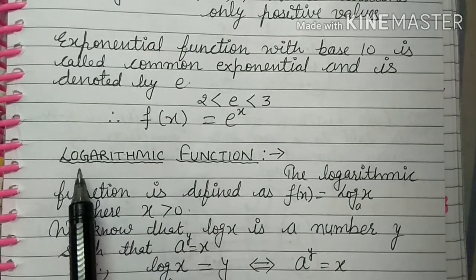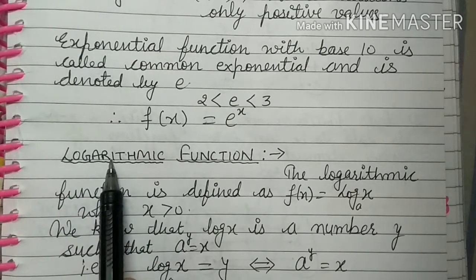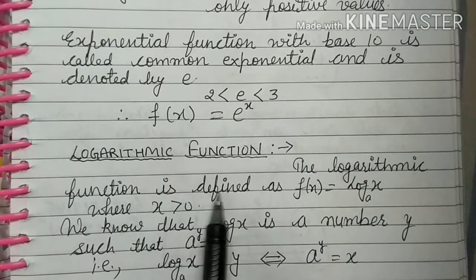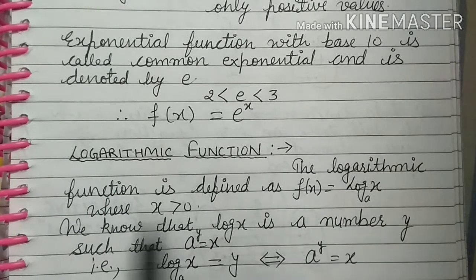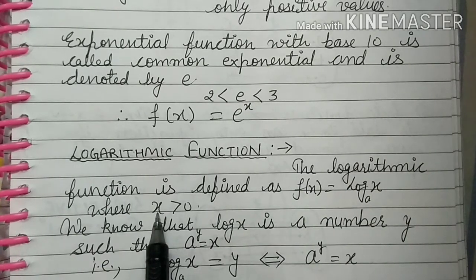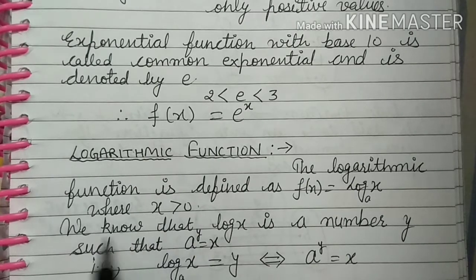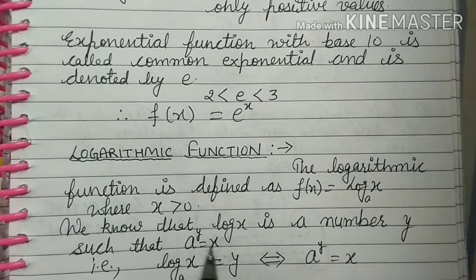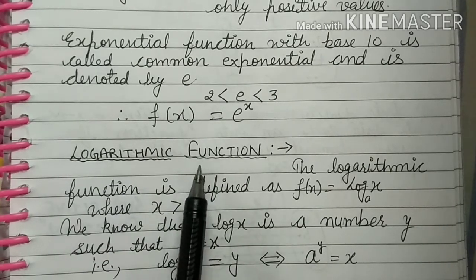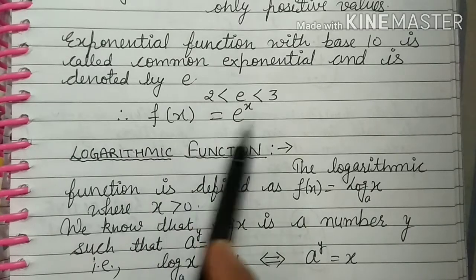Now next we are going to discuss here the logarithmic function. The logarithmic function is defined as f of x equals log of x for all positive numbers x. You know that log x is a number y such that a raised to the power y is x. You can say that this logarithmic function is just the inverse of the exponential function.